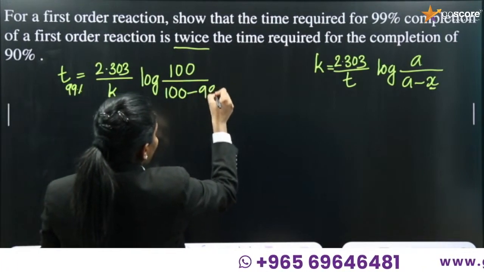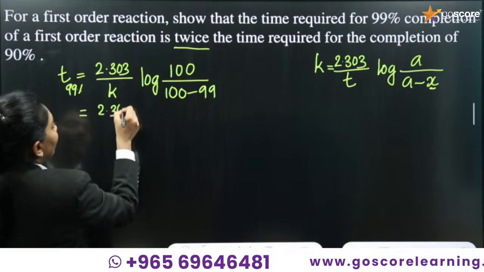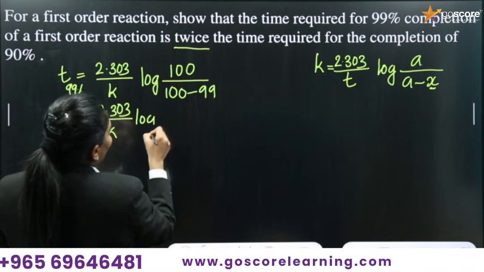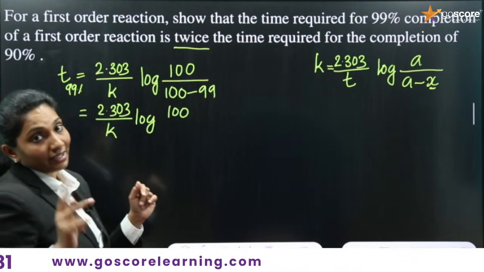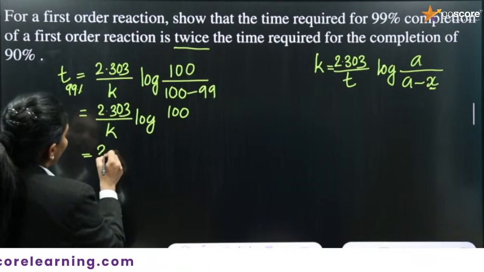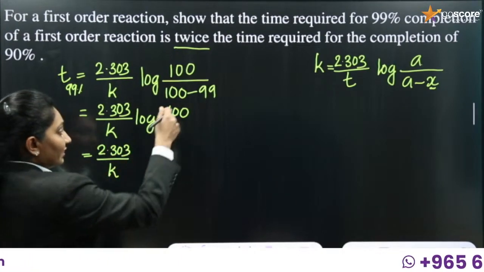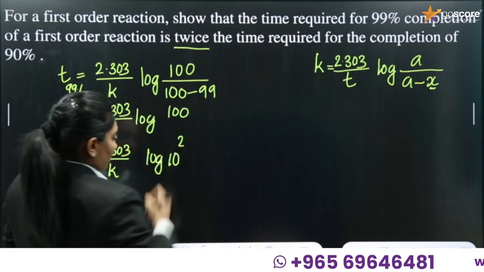So X is 99. So we can write it as 2.303 by K into log 100 by 100 minus 99, that is 1. Then it will be log 100, right? So 2.303 by K, I can rewrite this log 100 as log 10 raised to 2, isn't it?